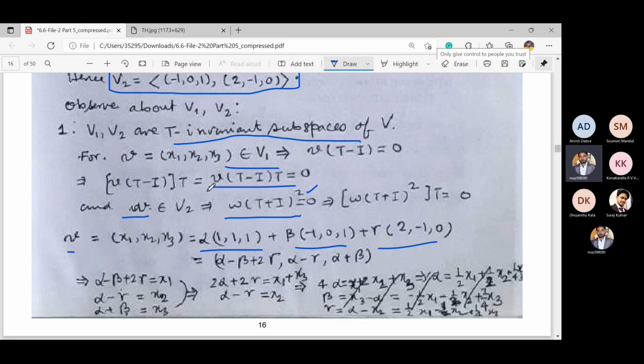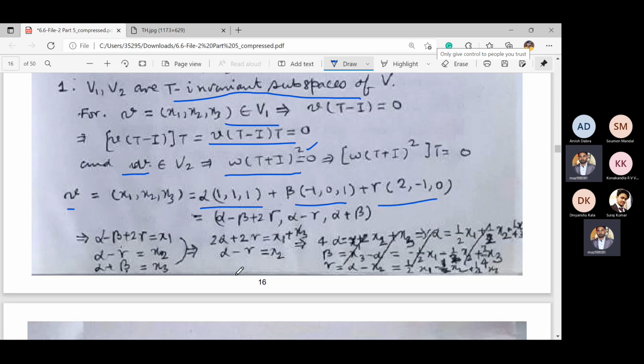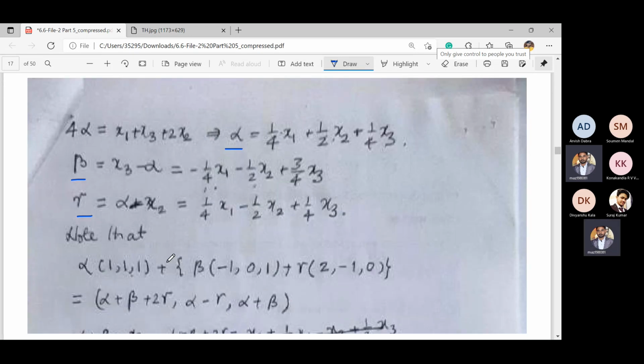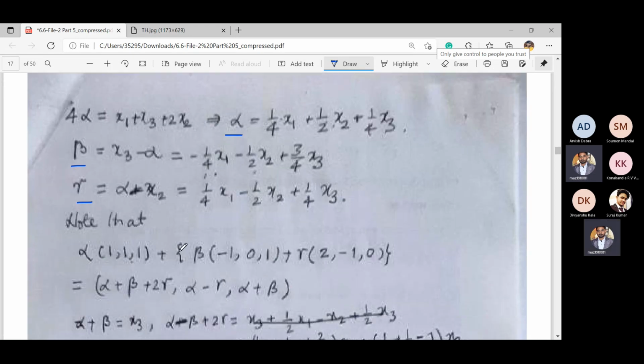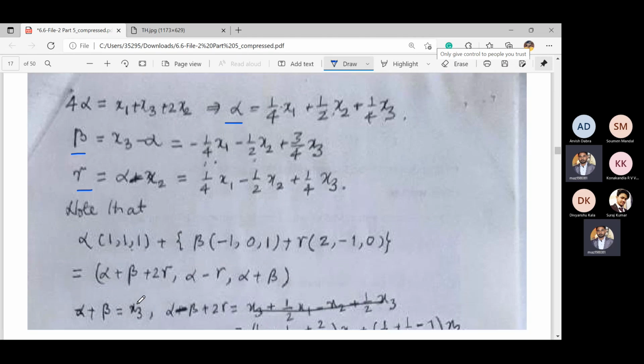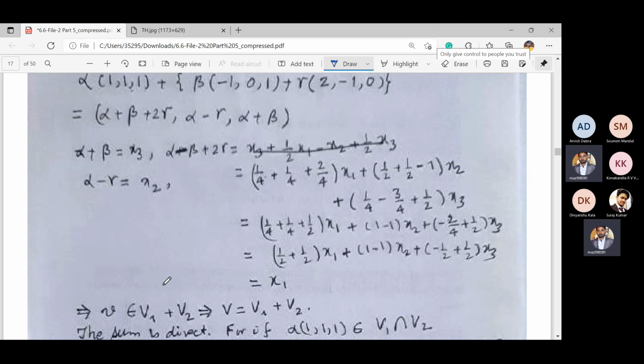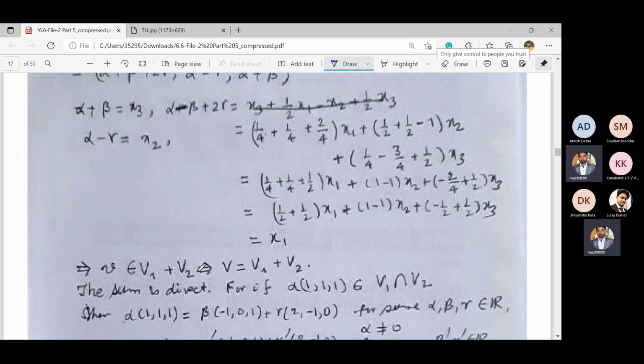So by using this, after all this calculation we finally get the value of alpha 1 is this, beta 1 is this, gamma 1 is this, and after putting the values of alpha, beta, gamma, we get these relations. These are calculations. I will send the PDF file so you can see the examples on your own.